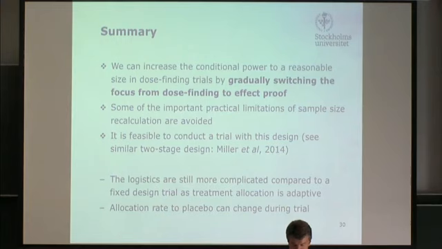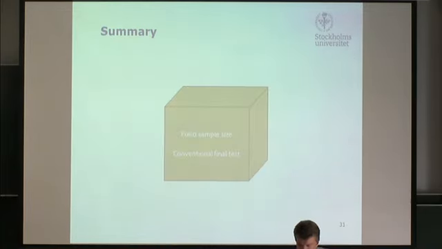One has to acknowledge that the allocation rate to placebo can change during the trial, which is sometimes criticized, so this might be a discussion point for this design. But generally, you can view this as having a fixed total sample size, and you can use the conventional final test for this design.